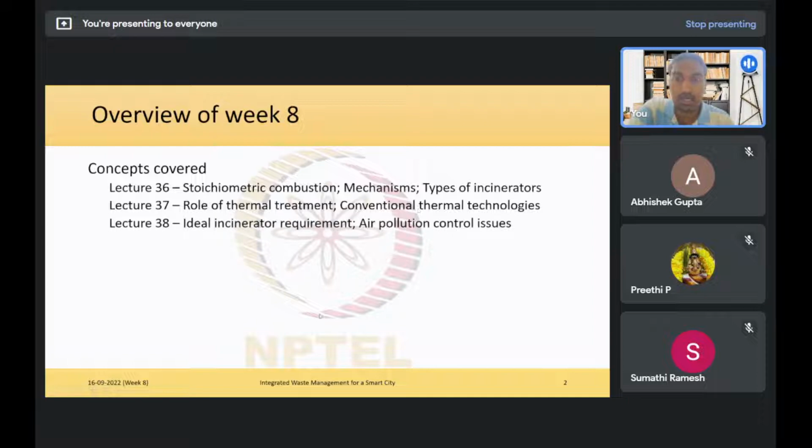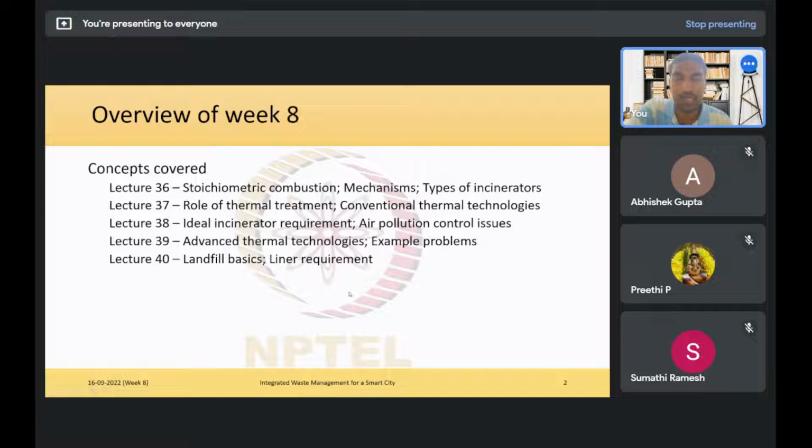And then in lecture 38 we looked at the requirements for an ideal incinerator, and we also talked about the different air pollution control issues that arise. In lecture 39, the fourth lecture, we looked at the advanced thermal technologies such as pyrolysis, gasification, and plasma technologies, and then worked out some example problems.